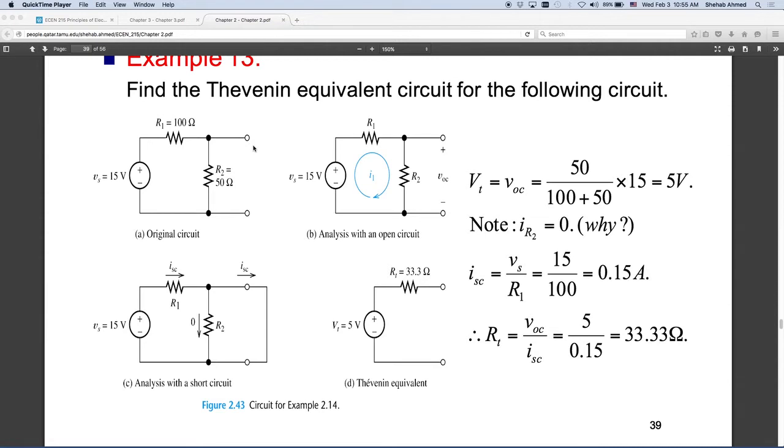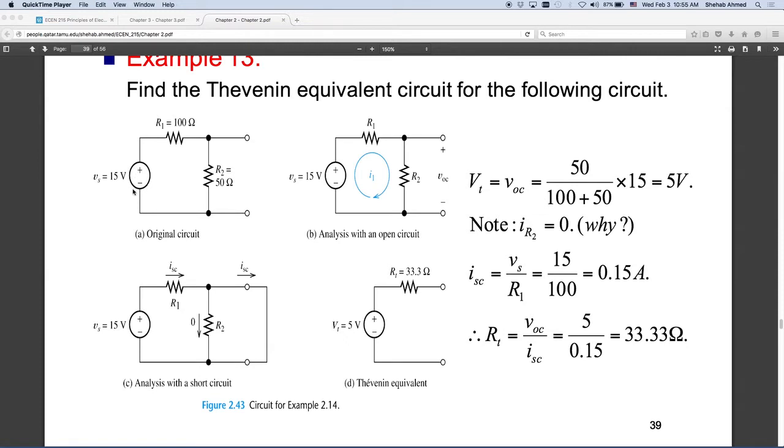So one way is what we discussed last time: find the open circuit voltage, find the short circuit current, divide open circuit voltage by short circuit current, and you will find R Thevenin. You take that R Thevenin and plug it into your equivalent circuit. The other way is if your circuit contains only independent sources, like a voltage of 15 volts or a current of 1 amp, specific values that don't depend on other parameters in the circuit, you can turn off the source.